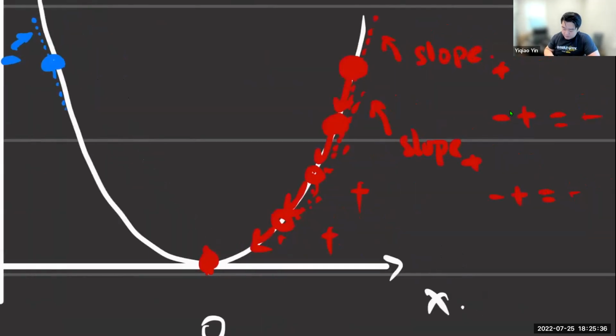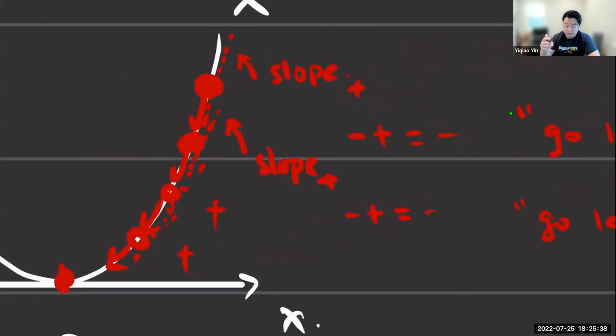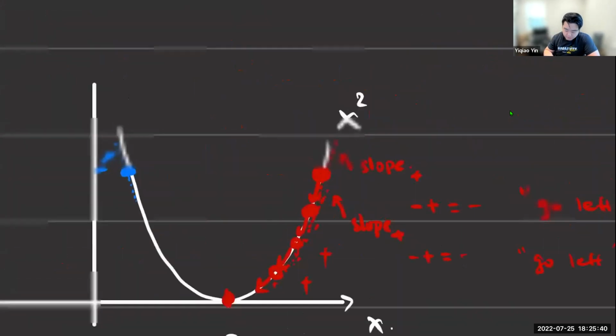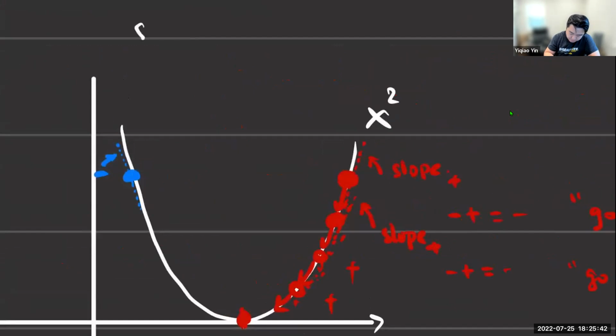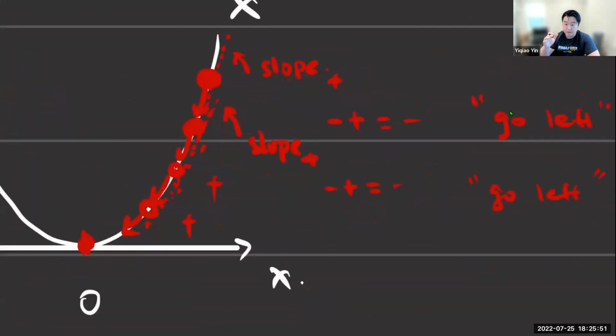So recall what we said, right? We always subtract the gradient, subtract the slope. So the name of the game is subtract slope. So when we're on the right-hand side, subtract a positive number means minus, so go left.